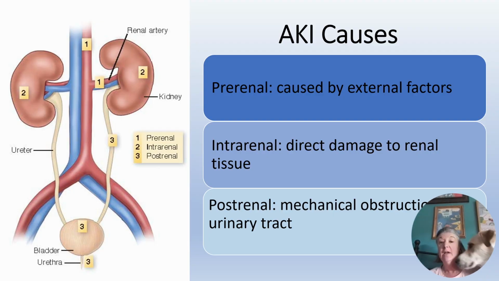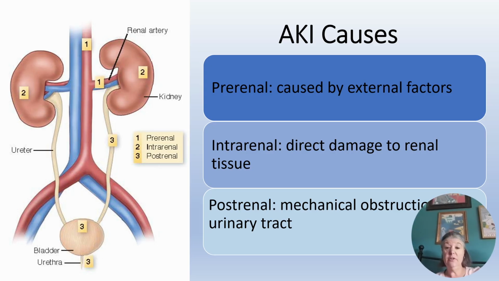Intrarenal involves direct damage to the renal tissue, and it actually impairs the nephrons. Remember, the nephron is the functional part of the kidneys. So this could be like contrast, nephrotoxic medications, right? Because we ingest those, and then they do cause physical damage to the kidney.